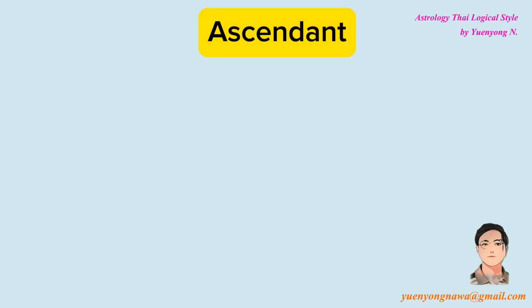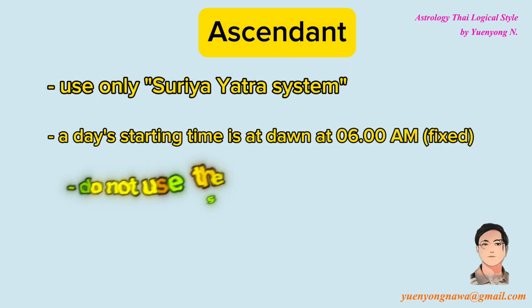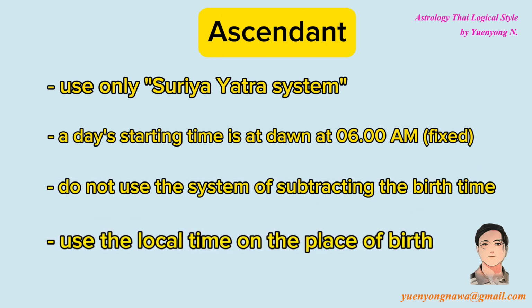Changing conditions in their settings is important. We use only Surya Yatra system and a day's starting time is at dawn, at 6 a.m., fixed, and we do not use the system of subtracting the birth time. That is, we use the local time at the place of birth. Even if it is in any foreign country, we use the local date and time of that geographical location.